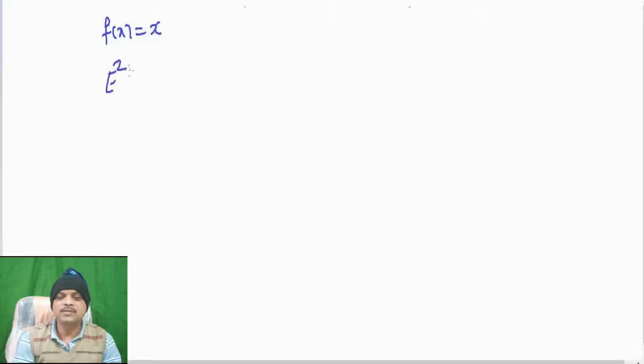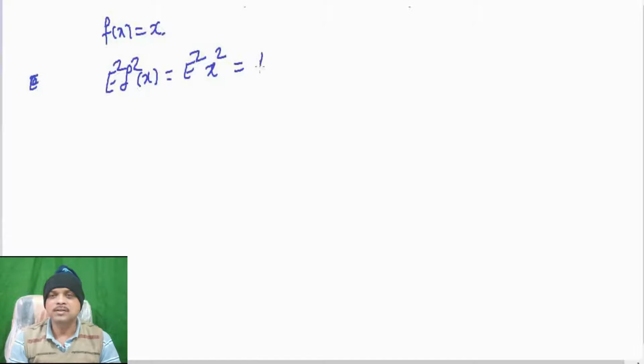Since f of x is x, f square is x square, so E square operating two times on x square equals E of x plus h whole square, which equals x plus 2h whole square.